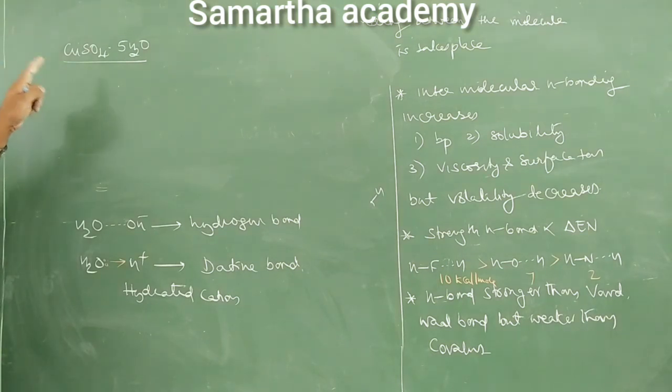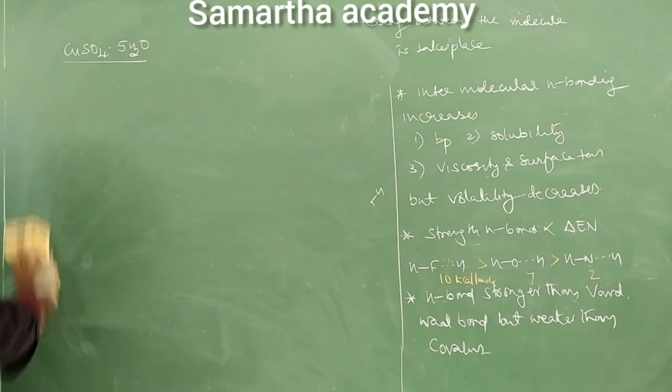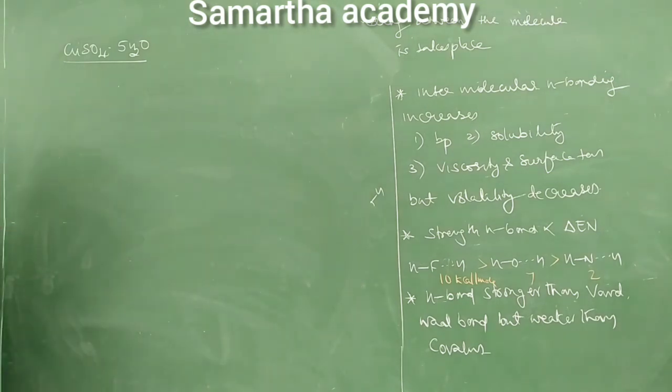Then this molecule has which kind of bond? Ionic bond, covalent bond, coordinate covalent bond, hydrogen bond, or all? It is all, because this copper sulfate is a hydrated salt, right? Remember, what is the meaning of hydrated salt? Salt is associated with water, no?